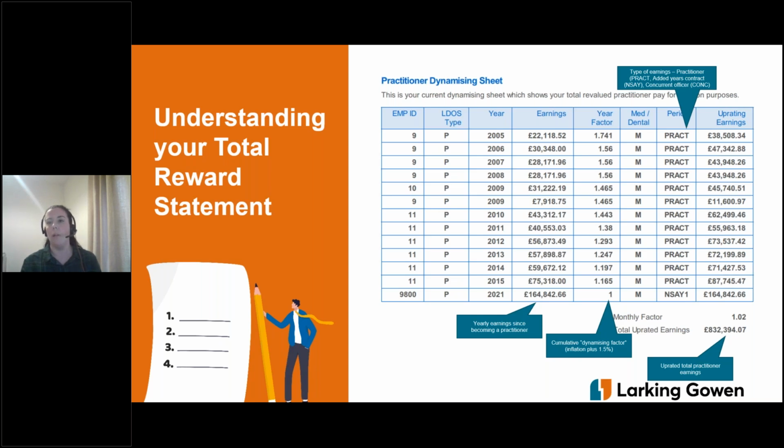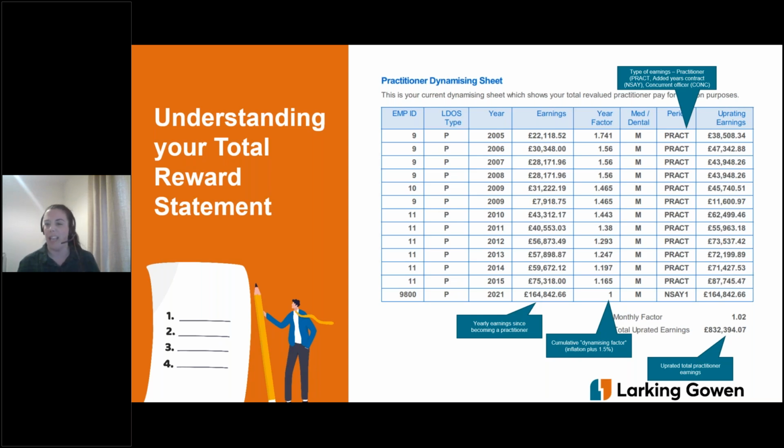Moving across along a couple tells you what type of earnings. So is it practitioner? If you've got a concurrent officer, so as Lizzie said, you might be a partner, you might have an ICB role. So you might have something that says CONC, concurrent, because you might have 2 earning sources side by side.